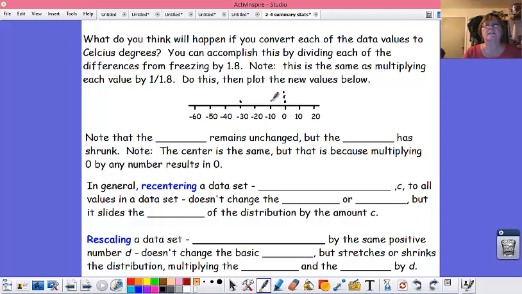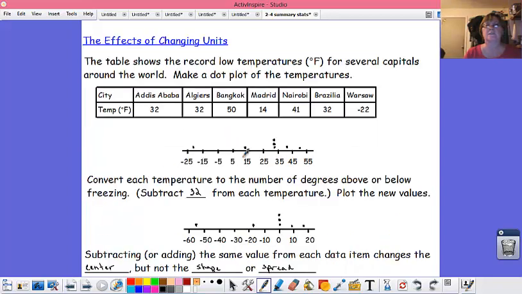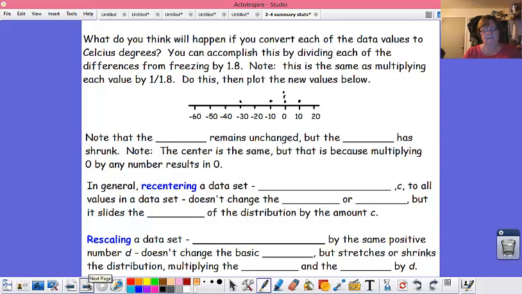And we had that both positive and negative. And then we had a 9, I believe. 9 was the last of the temperatures. Yeah, 9. So we need 9 divided by 1.8. And that is 5.